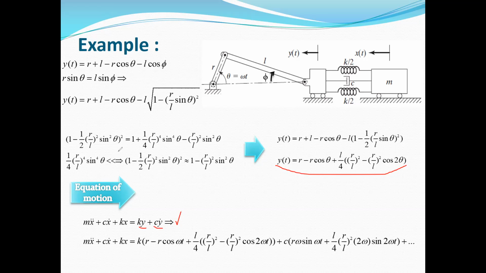So you don't need to extract these relations because these are some approximation, and in the exam definitely you don't need to extract these equations. Any question? Is it clear?